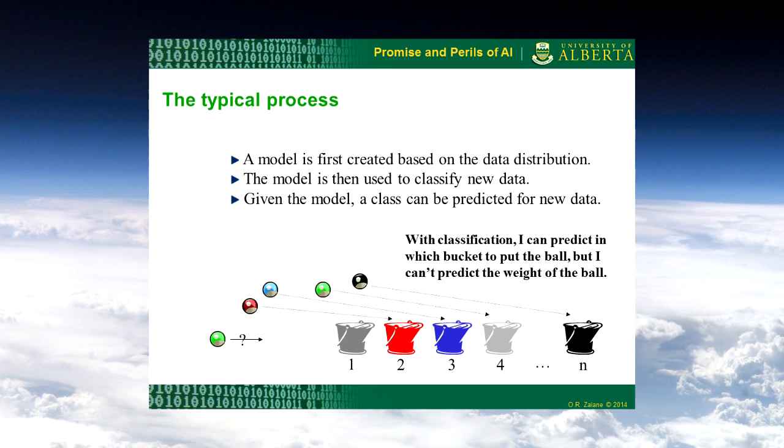So the example that I often give to illustrate how the machine would learn is the following. This is a metaphor. Imagine you have a child that comes here in this classroom, and I have a set of buckets. The buckets have colors, and I have a pile of balls, different sizes, different colors, different weights, different structures, whatever.